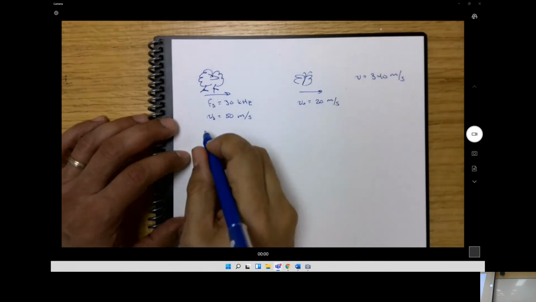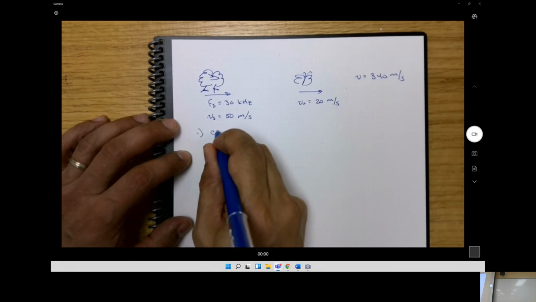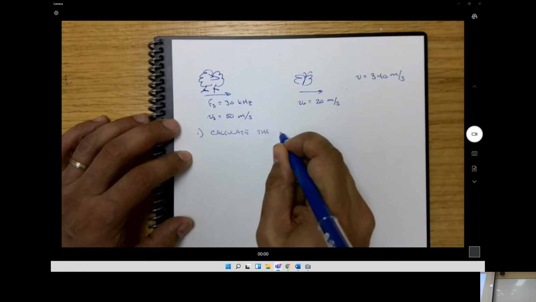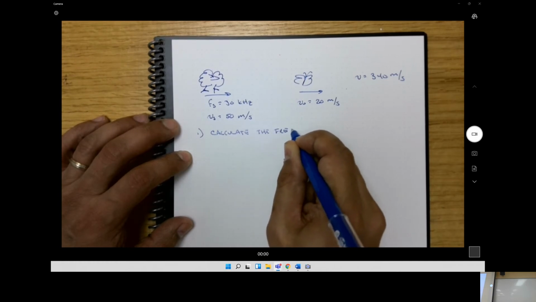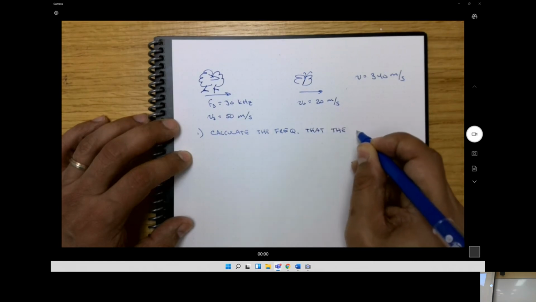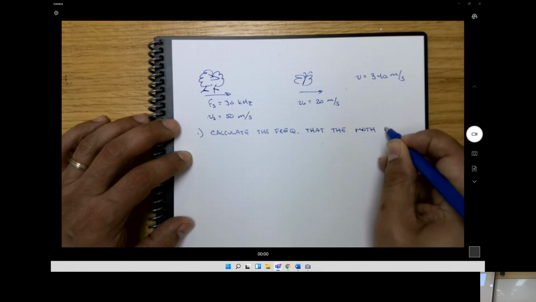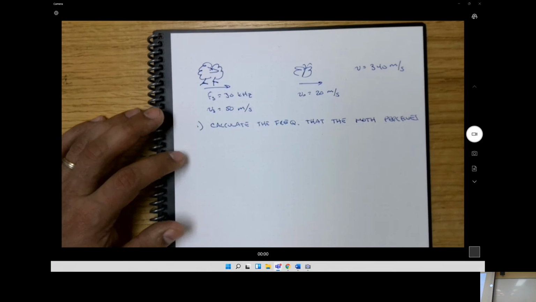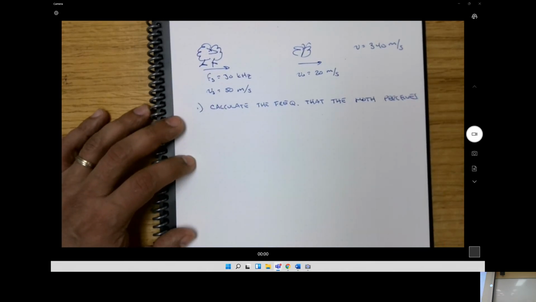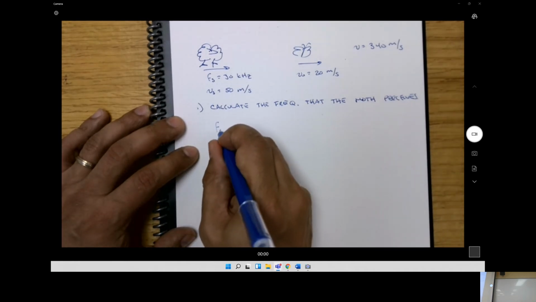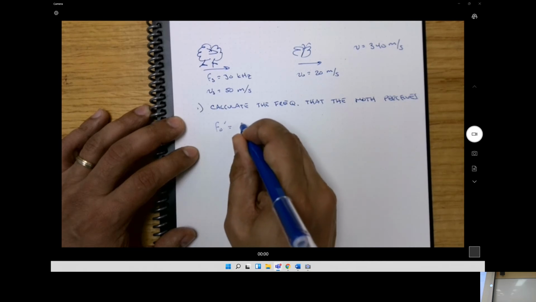Okay, so I'm gonna calculate the frequency that the moth perceives. So I'm gonna apply this equation.